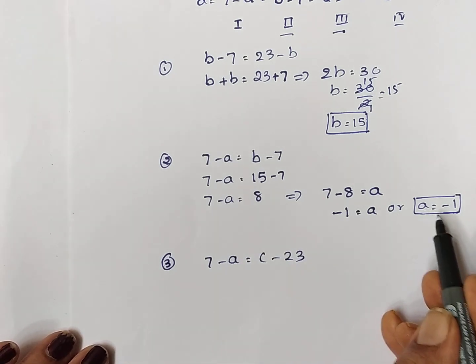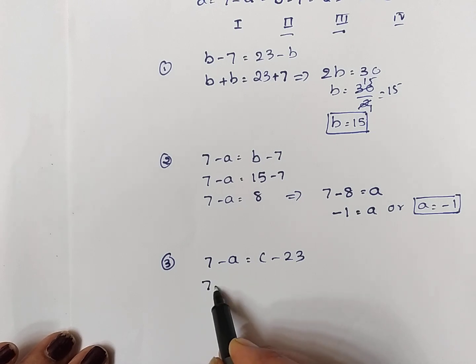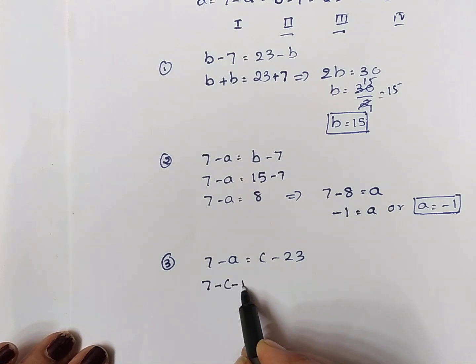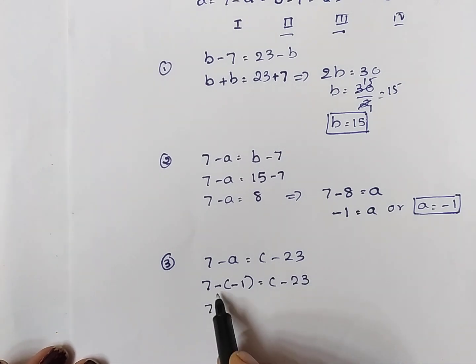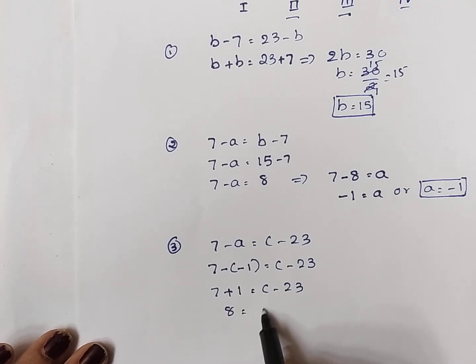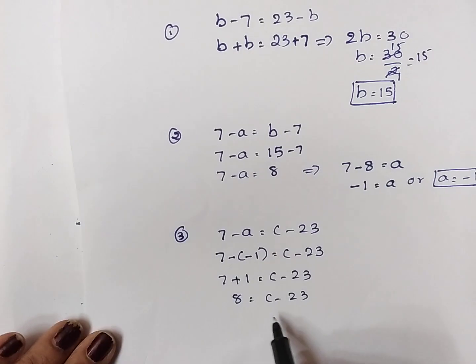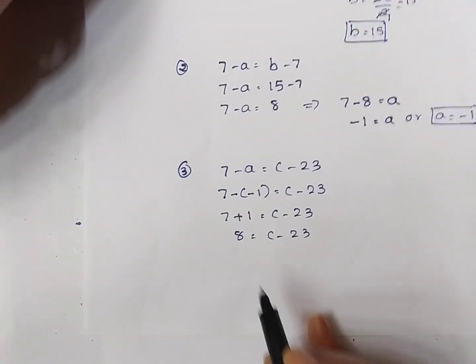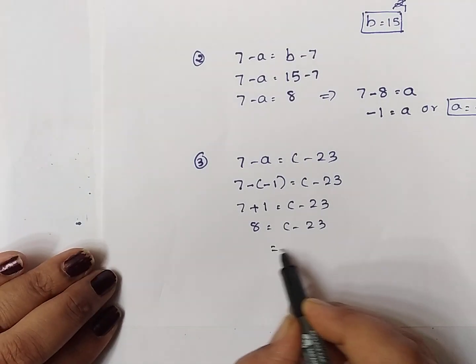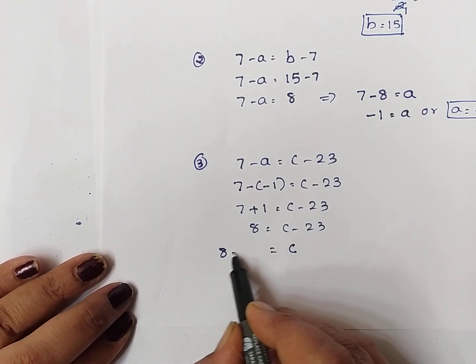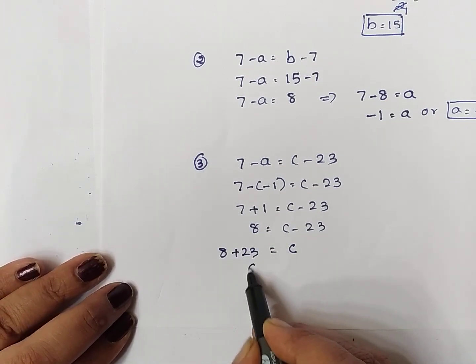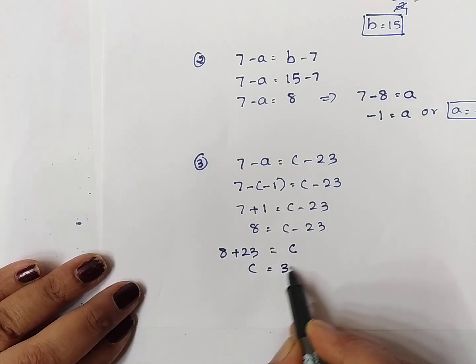We know A equals minus 1, so 7 minus of minus 1 is 7 plus 1, which is 8. So 8 equals C minus 23. Transfer 23 to the LHS, it becomes plus 23, that is C equals 31.